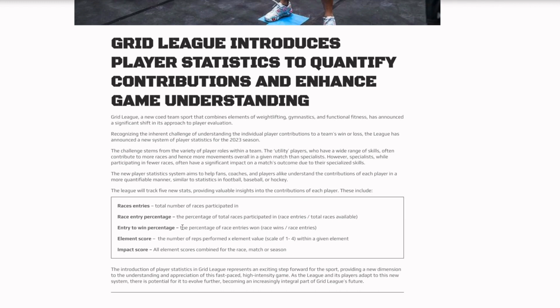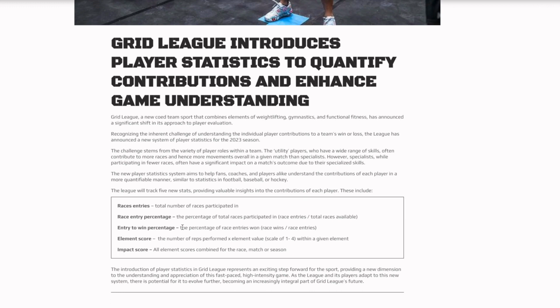Okay, so again, not going to show a ton of information up front, but what will is this element score and impact score. And this is what I'm actually most excited about, because this is something that really paints a picture within a race, within a match, within a season, obviously, but even within a single race, you can see some interesting things that you didn't expect.